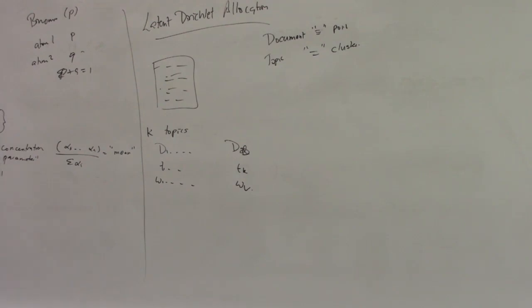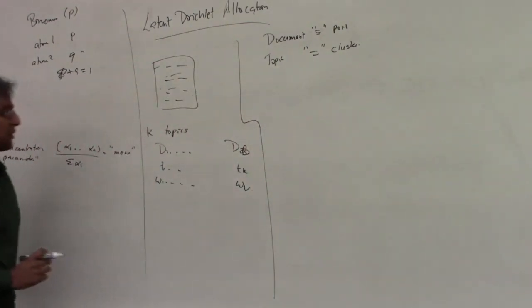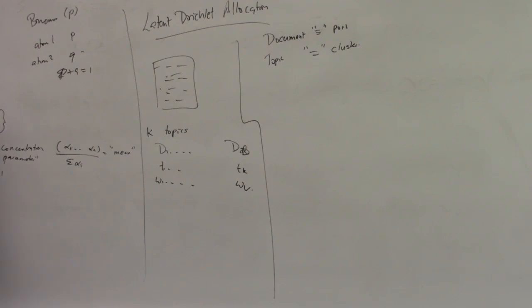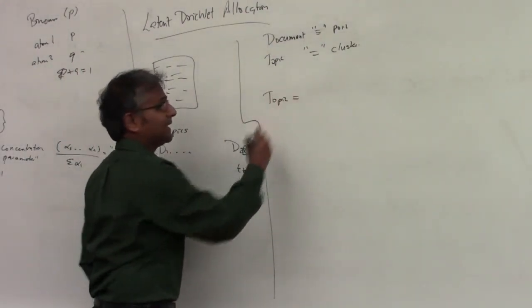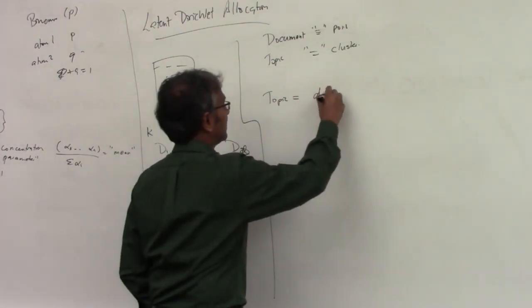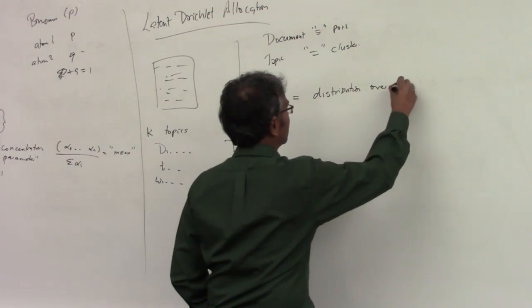How am I imagining the process by which a document is generated? So the idea is this. First of all, we're going to think of a topic as a distribution over words.